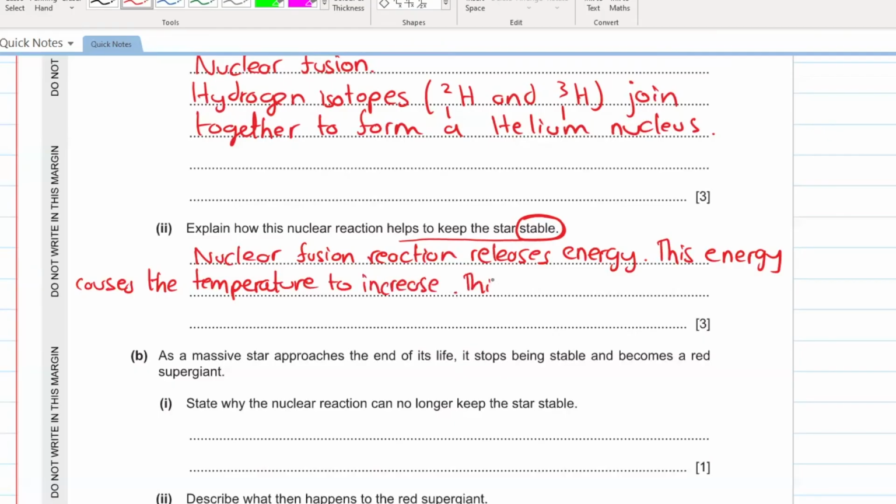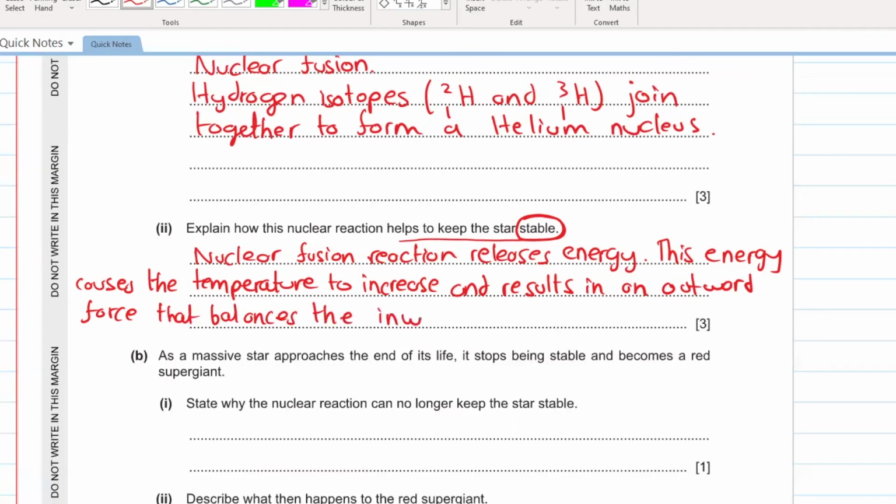This increase in temperature results in an outward force that balances the inward gravitational force.